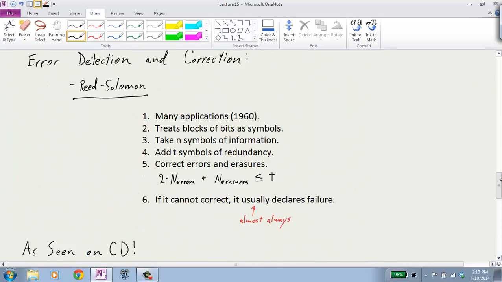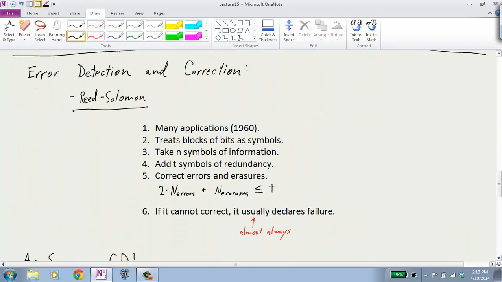I should mention something I meant to write up here about the Reed-Solomon codes. Two interesting things: when they encode, it actually uses finite field arithmetic. So if you find Galois fields and algebra interesting, this is a nice application of it, error correcting codes.